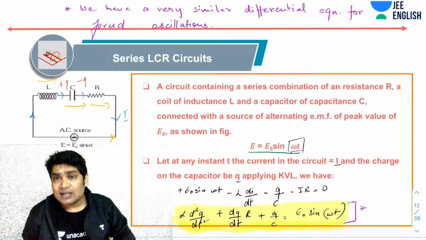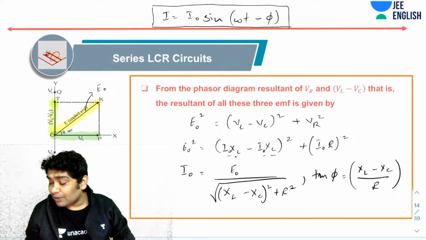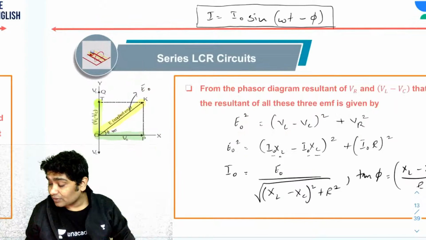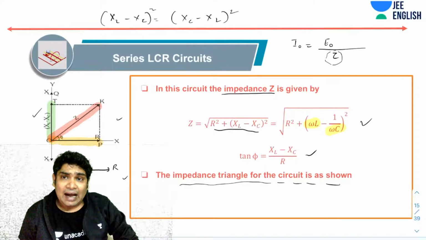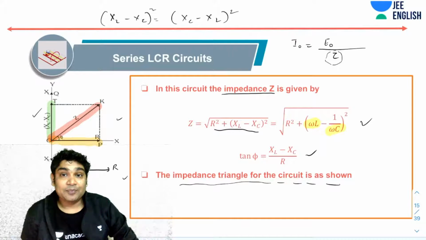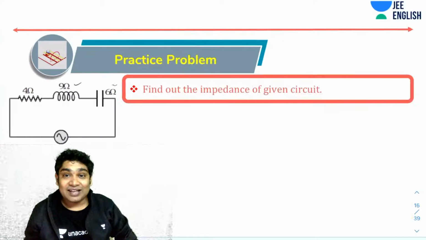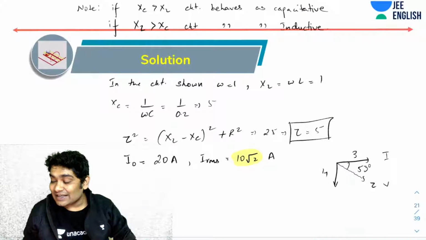So you will realize here also, because these values depend on frequencies, the magnitude of current in such a circuit also depends on the frequency. So you again have a very similar phenomenon, resonance, here also.